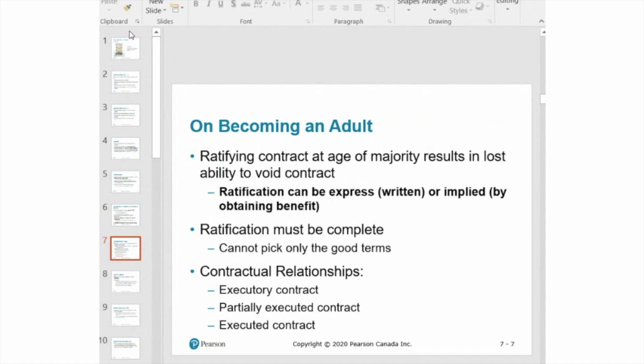Then the contract becomes binding because the minor is now an adult. There's no more possibility to make it voidable. In other words, this means ratification. The minor ratifies, confirms that agreement. That is ratification when the minor becomes an adult.